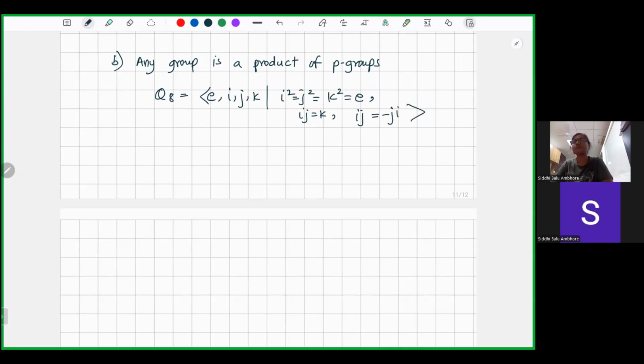This is enough to check that. So this is Q8.